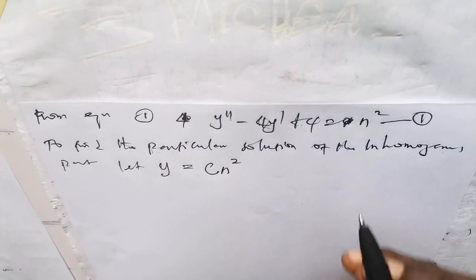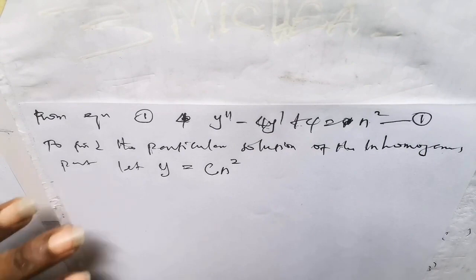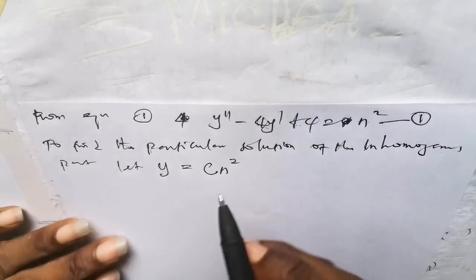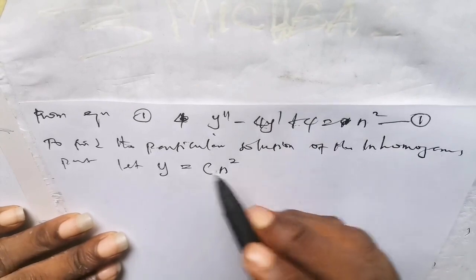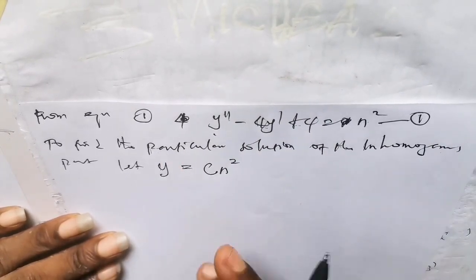Therefore let y be cn squared. So what we have to do now is find y'' and y' and substitute into the base equation and see what we're going to have.